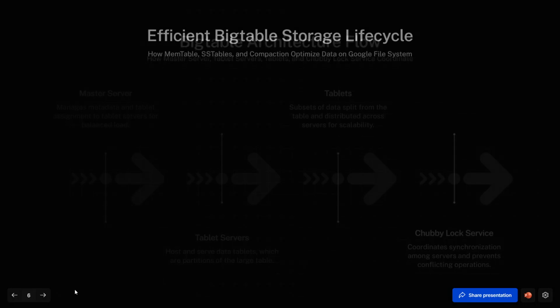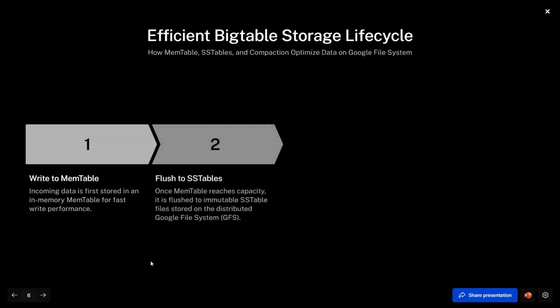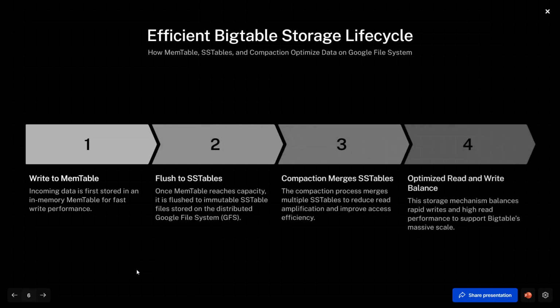Now, the storage mechanism. Bigtable's efficiency comes from its storage architecture, based on the log-structured merge tree, basically an LSM tree concept. Here's how it works. First, write to the memtable: incoming data is first stored in an in-memory table for fast write operations.